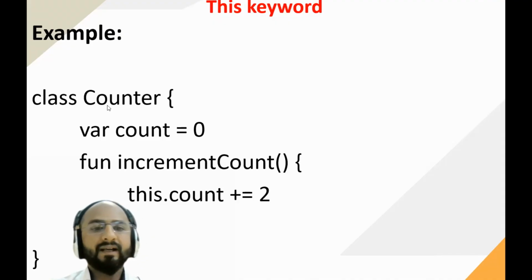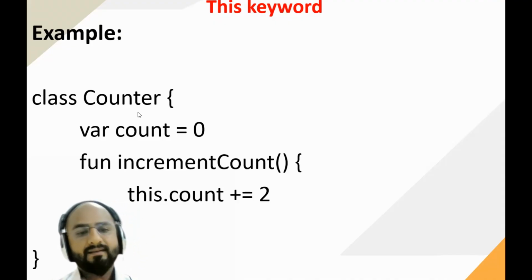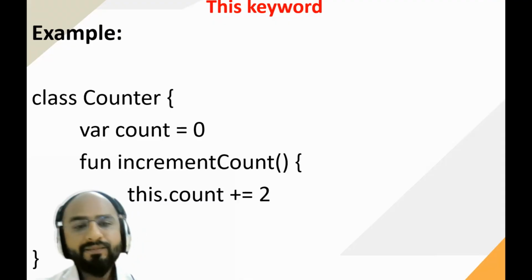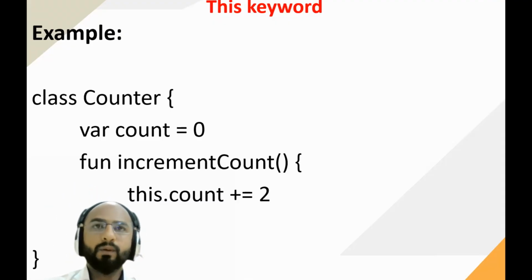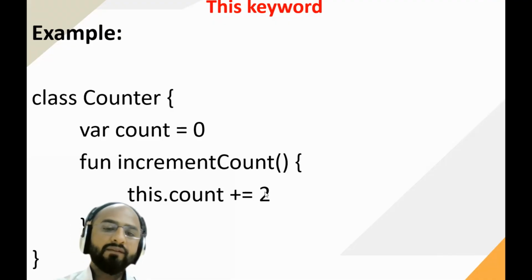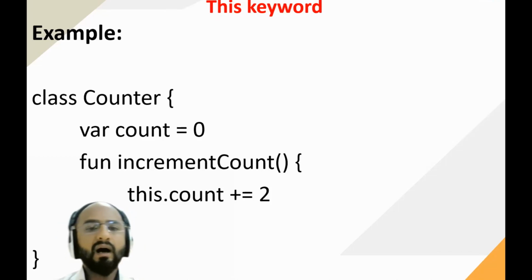The class is Counter, so I can create multiple objects of that Counter class, and all objects have the default value 0 as the count property. When I call this method, it will increase the count by 2, count += 2.